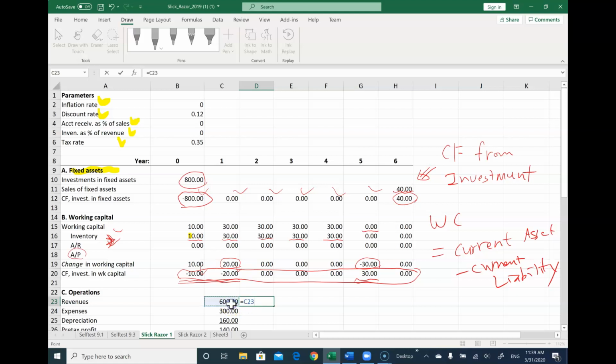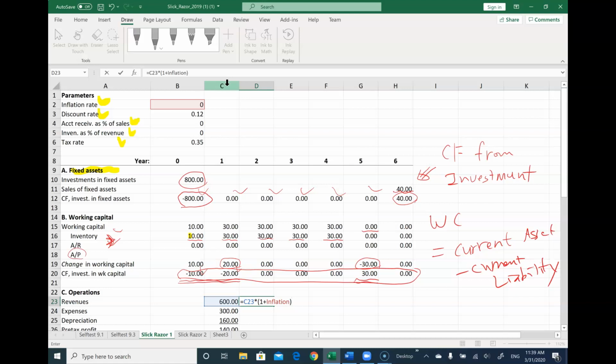Then the revenue will be revenue times 1 plus the inflation rate, right? So in this case, I didn't lock the cell because this cell itself has its own name called inflation. So I don't have to lock the cell because this is the only cell that has the name of inflation.